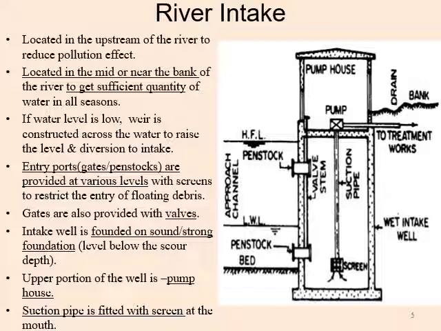Entry ports or gates, here it is shown penstock at high flood level and here the lowest water level, so penstock is here. It is the port or entry gate which is provided here at various levels, and by opening it the water will go into the well.